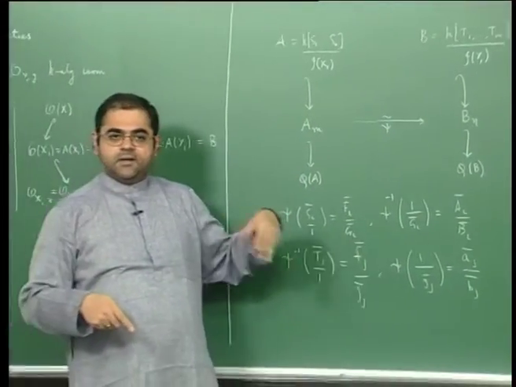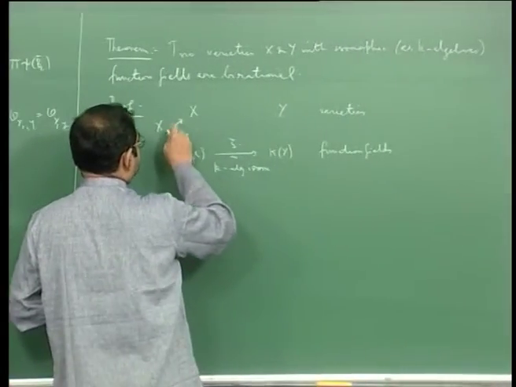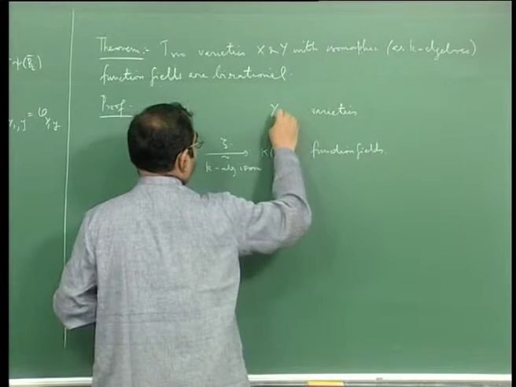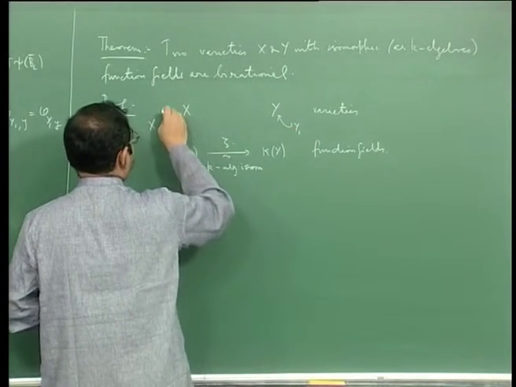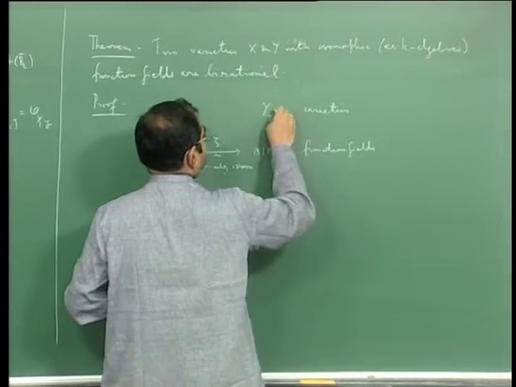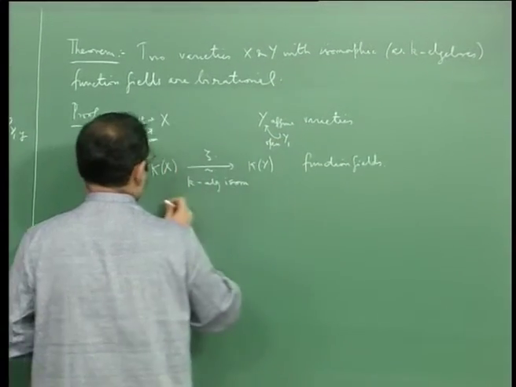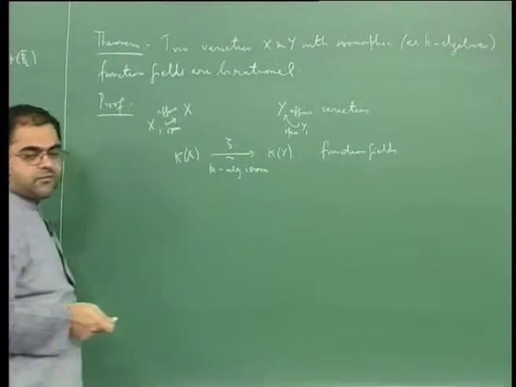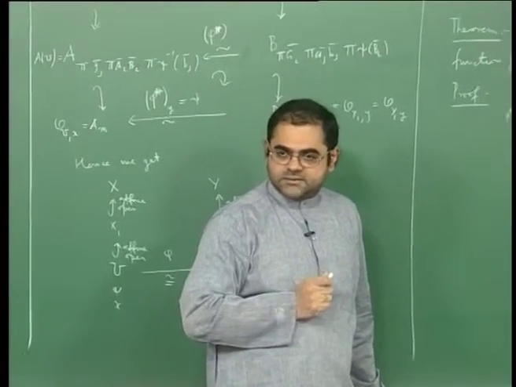So we can do the same thing here. We can assume that x1 is an affine open in x, and y1 is an affine open in y. Whenever I say open set, it is a non-empty open set. I am not worried about the empty open set.